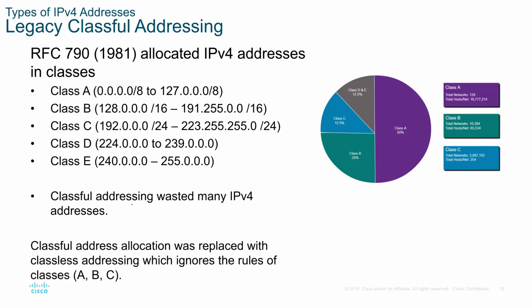In the address structure, we have different classes of addresses. The only ones that can be assigned to a host computer are A, B, and C addresses.